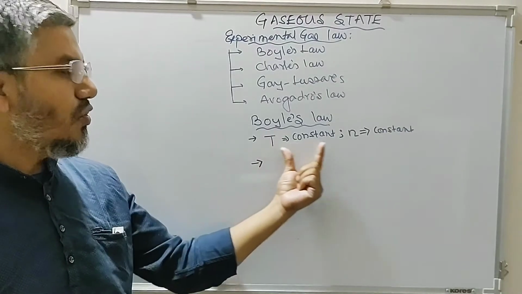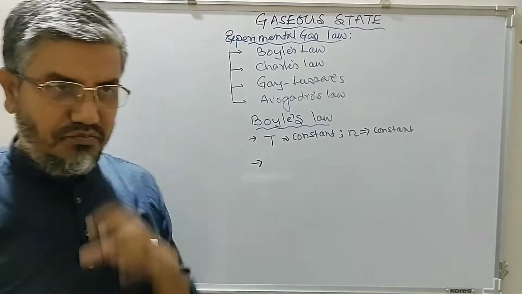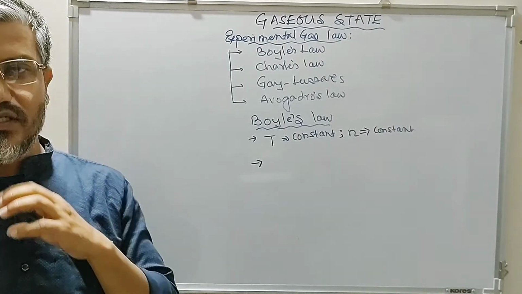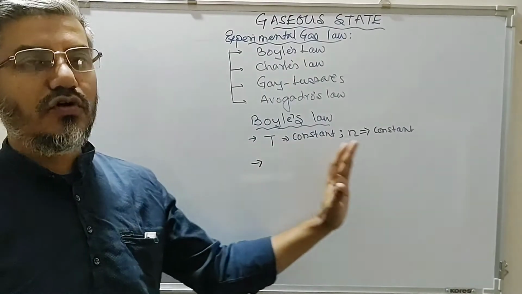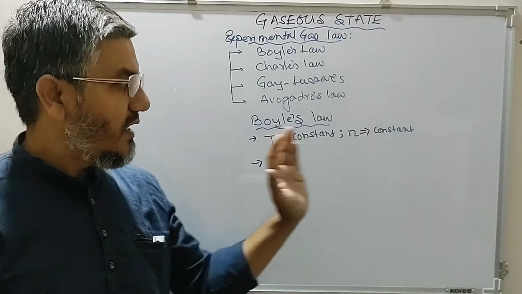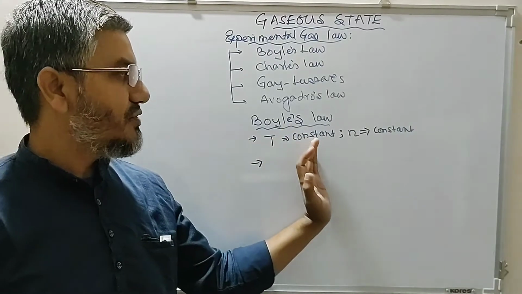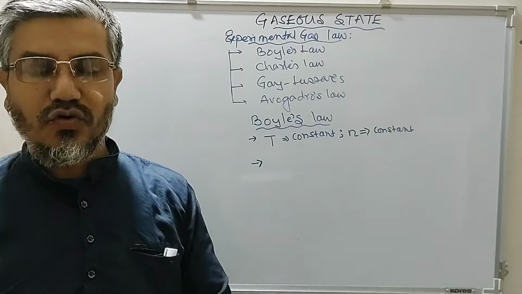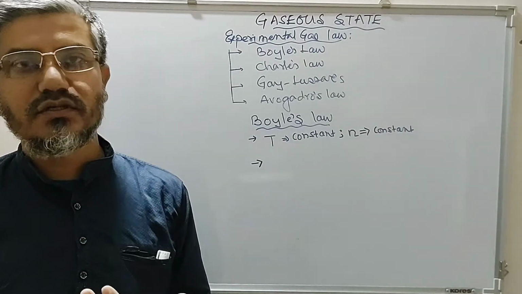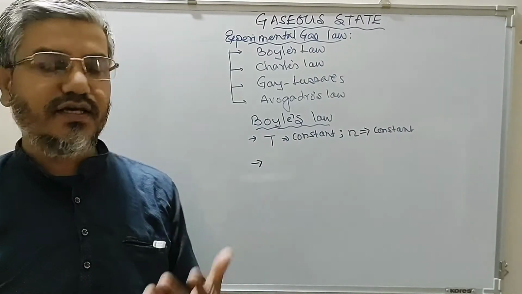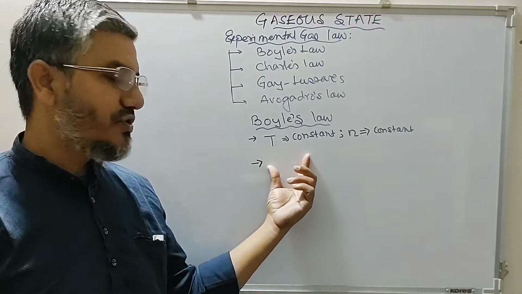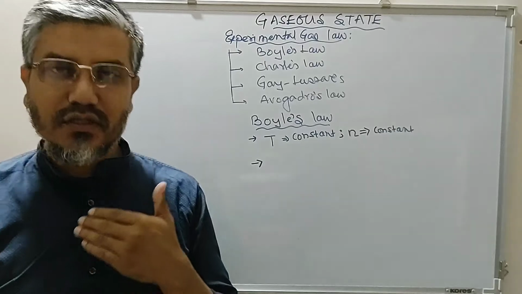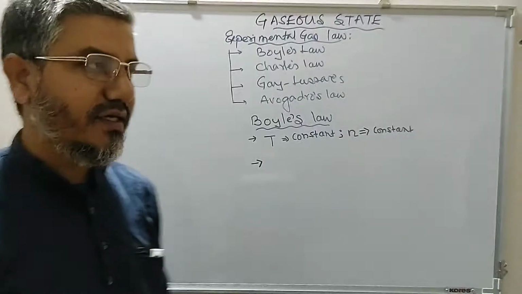pressure at constant temperature. Simply we are saying, pressure exerted by the gas is inversely proportional to the volume occupied by the gas at constant temperature and amount of the substance, or at constant temperature for a fixed mass of gas, pressure exerted by the gas is inversely proportional to the volume occupied by the gas.